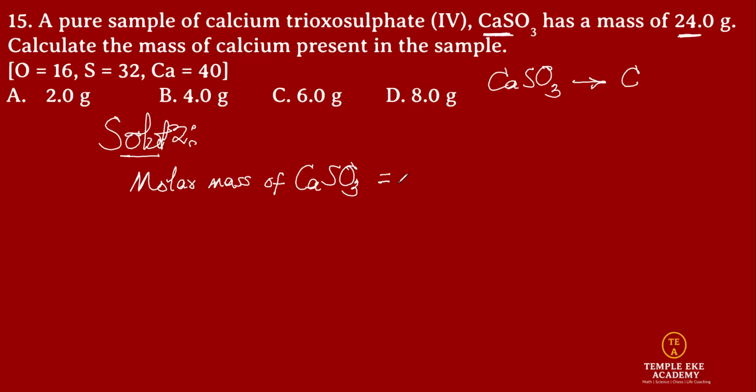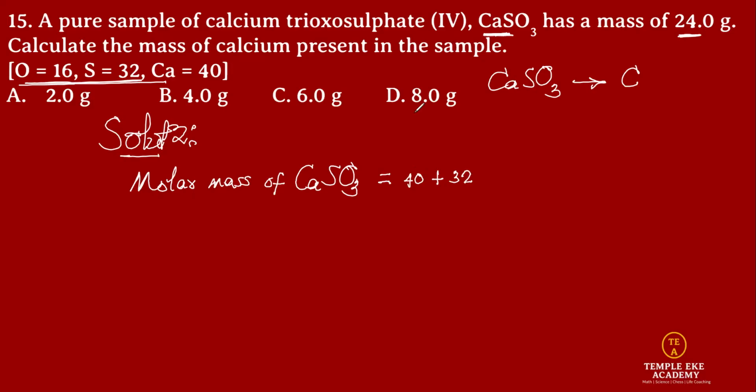And from the given relative atomic masses, we can easily find this. We have calcium. The relative atomic mass of calcium provided is 40, plus the relative atomic mass of sulfur given in the question is 32. Of course, these values have been given to the nearest whole number because this is a multiple choice calculation.